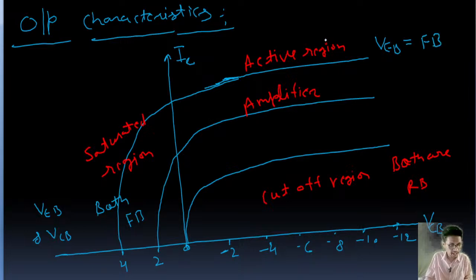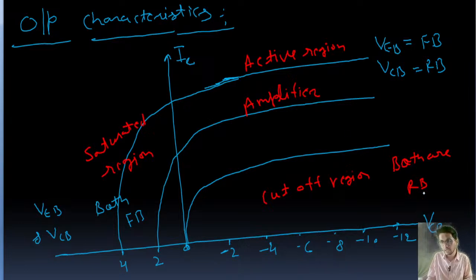VCB is reverse biased. So this is the cutoff region, guys, very important.